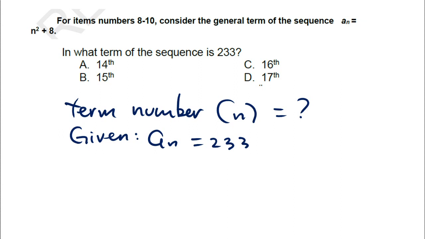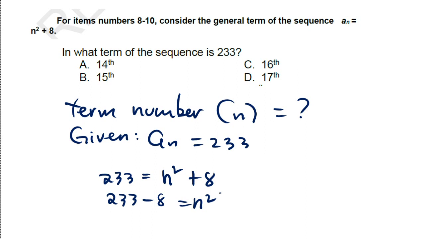So we have 233 is equal to n squared plus 8. So we transpose 8 to the left side. We get 233 minus 8 equals n squared. 233 minus 8 gives us 225 equals n squared.